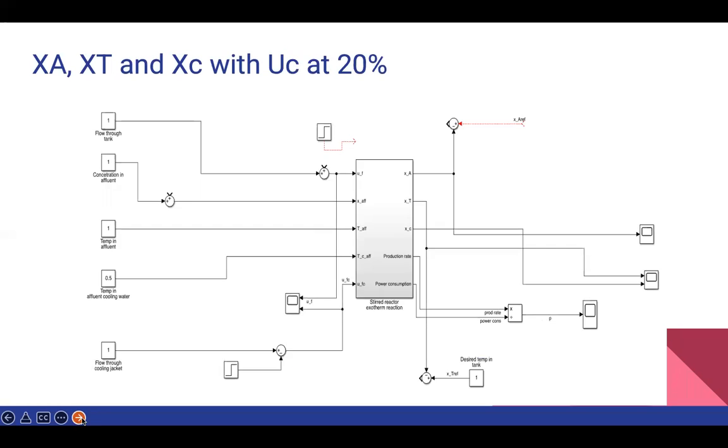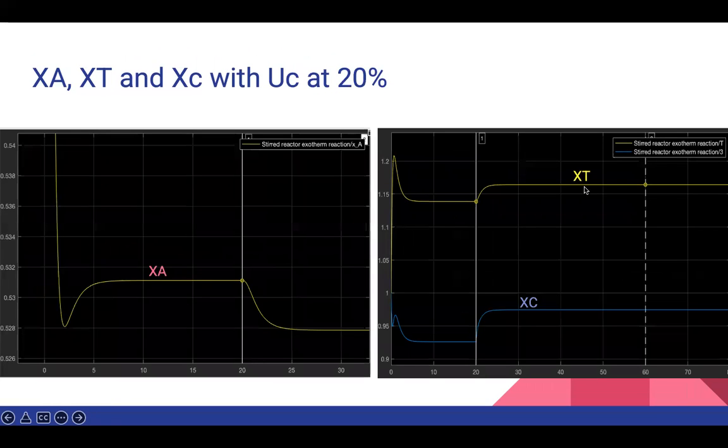In this next simulation, we increased the cooling jacket input by 20%, and we got these next graphs for XA, XT, and XC.